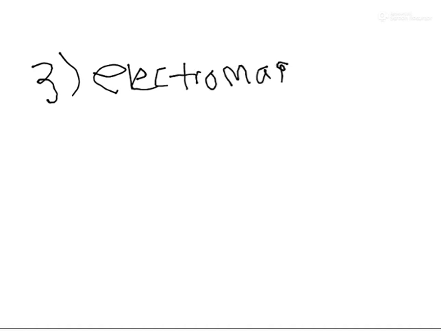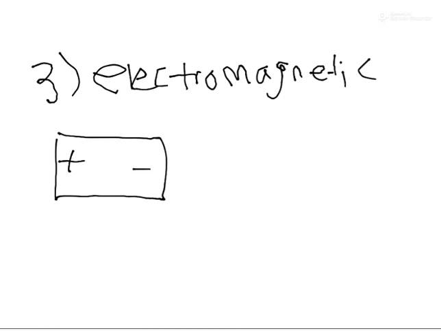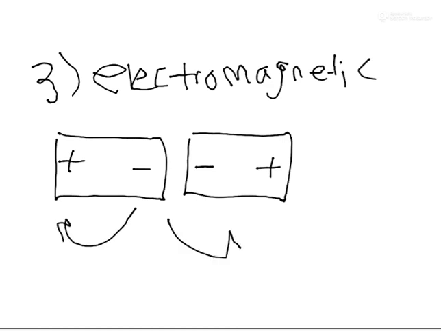So another type of force that we're going to talk about is the electromagnetic force, which we kind of talked about a little bit before. So electromagnetic force is essentially a force associated with electric fields. So like we said before, when you have two magnets coming together with the same poles coming together, there's going to be a force going in the opposite direction.